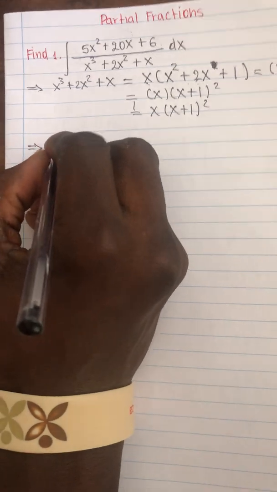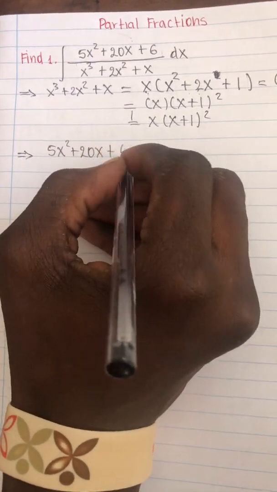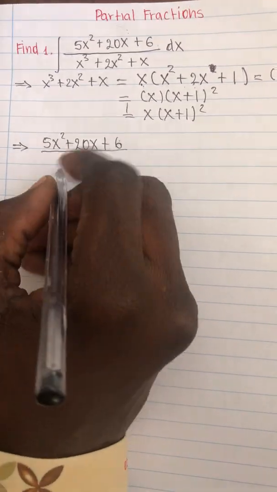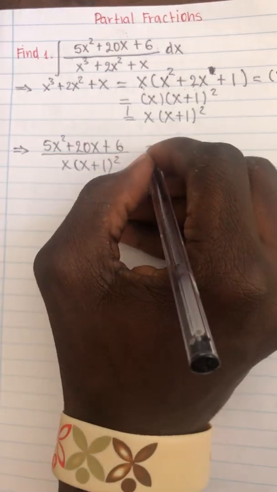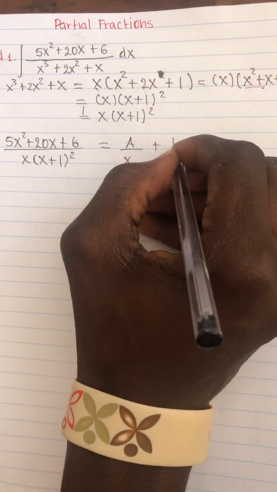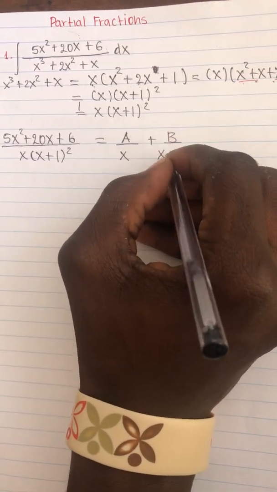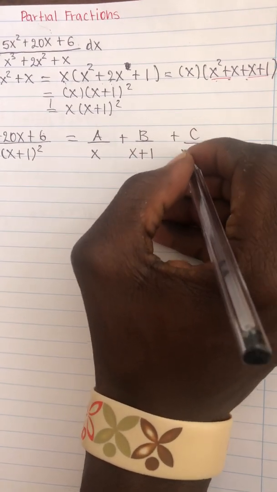Which was (x squared plus 20x plus 6) divided by x times (x plus 1) squared. So this is going to give A over x plus B over (x plus 1) plus C over (x plus 1) squared.